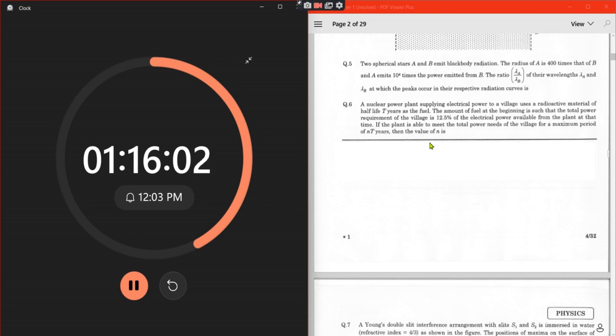This is the new power, because the activity will decrease by that factor. This is the power at your time, and this is when it just becomes equal to 1.